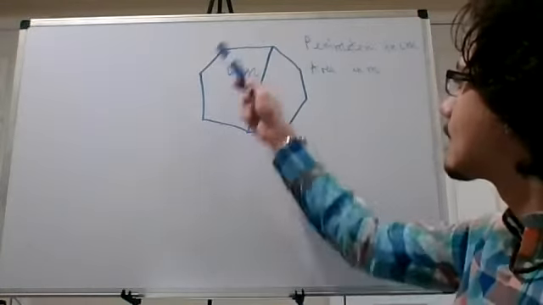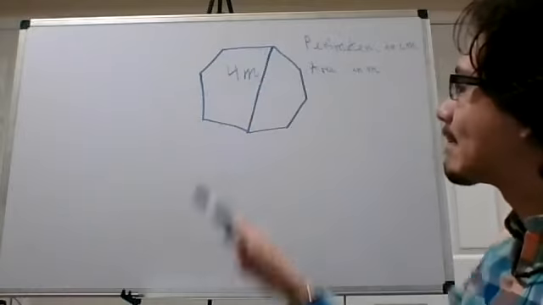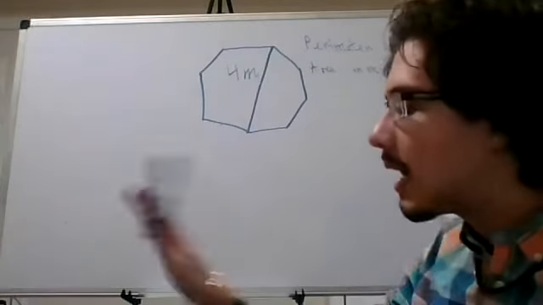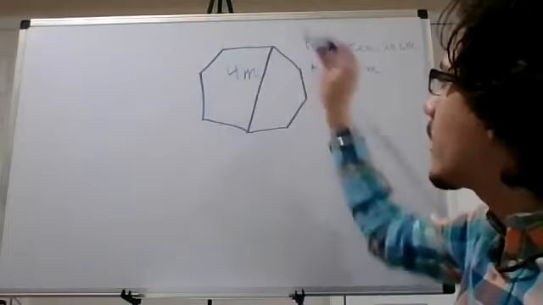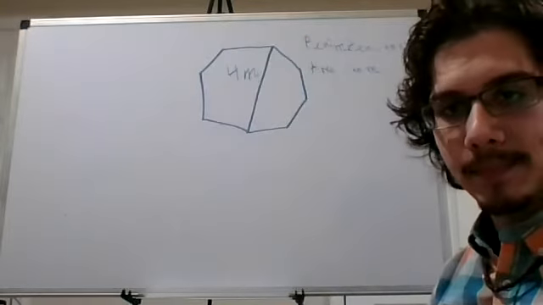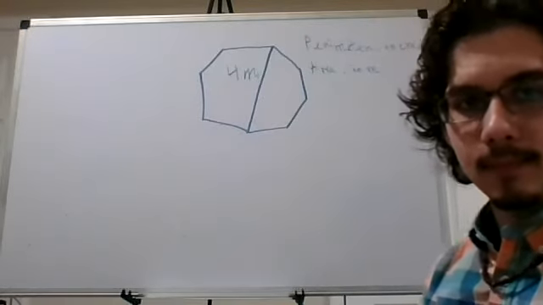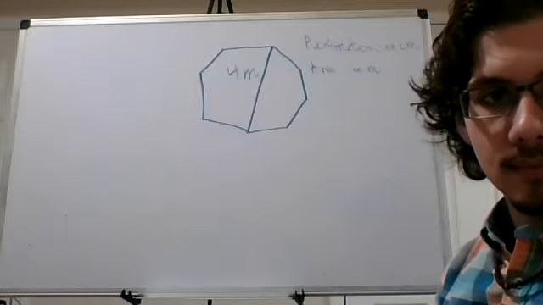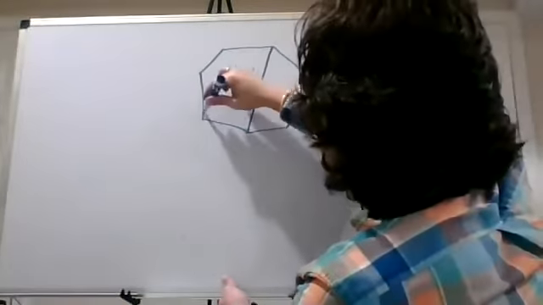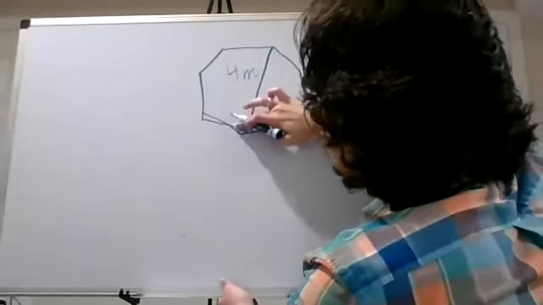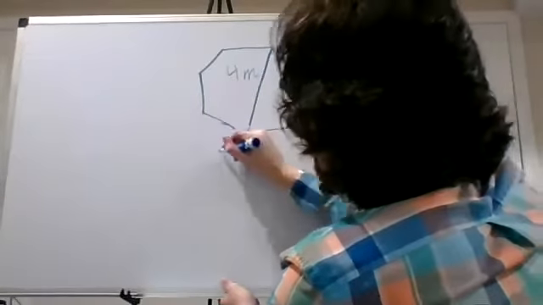We need to add 4. No, no adding or anything like that. I just want to know what do we have? We're working with the pentagon. Close enough. It's a hexagon. Hexagon, I mean. That's perfectly fine. So we have a hexagon.